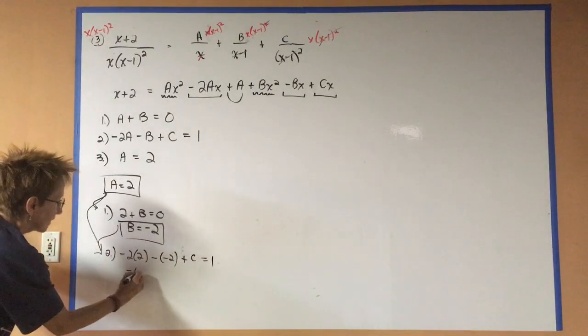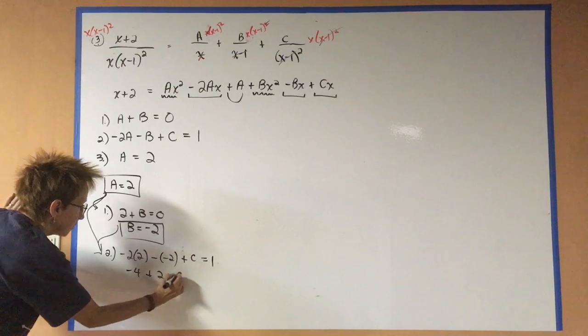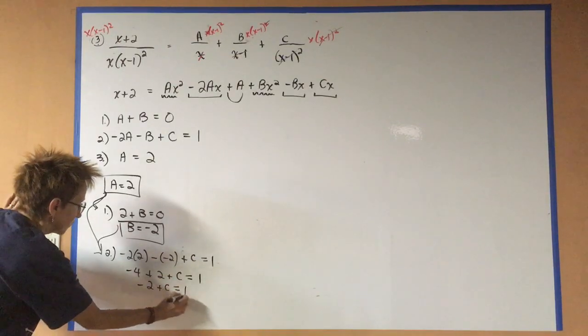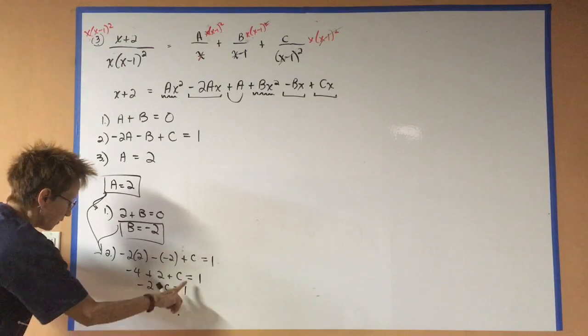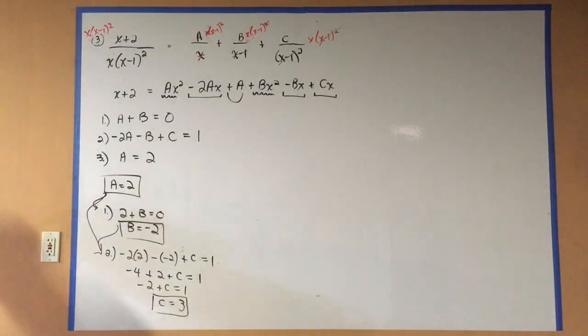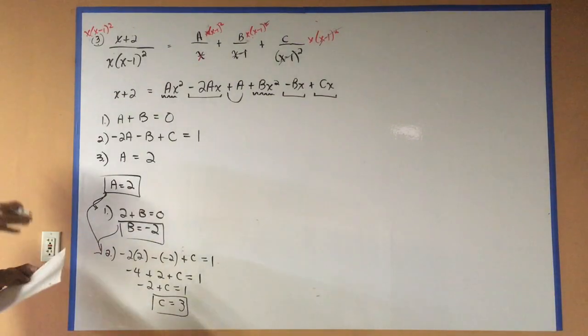Well, this gives me negative 4 plus 2 plus c equals 1. That gives me negative 2 plus c equals 1. So c is equal to, I add 2, I get 3. So I've got a is 2, b is negative 2, and c is 3.